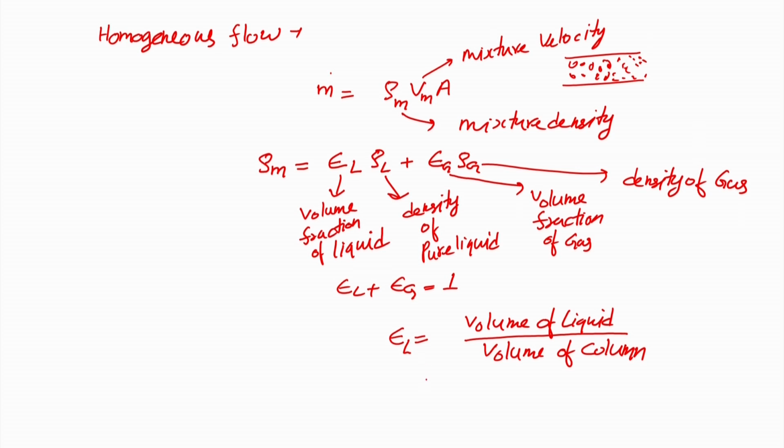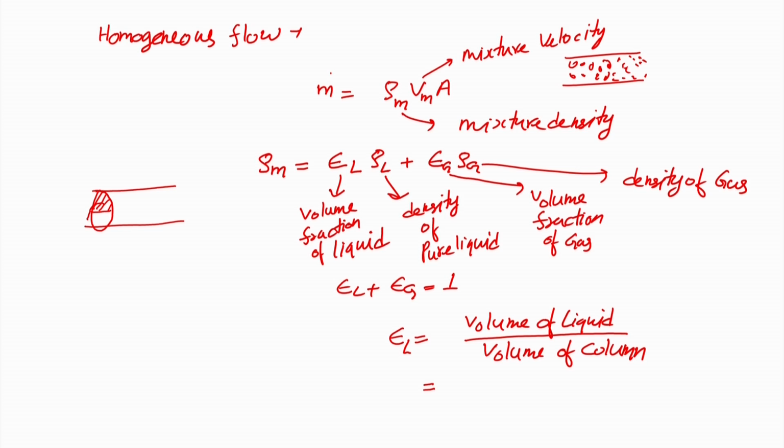Now, what is the volume of liquid? Suppose this is a pipeline, and this is the area of the pipeline, and a particular fraction of the area has been occupied by the liquid.